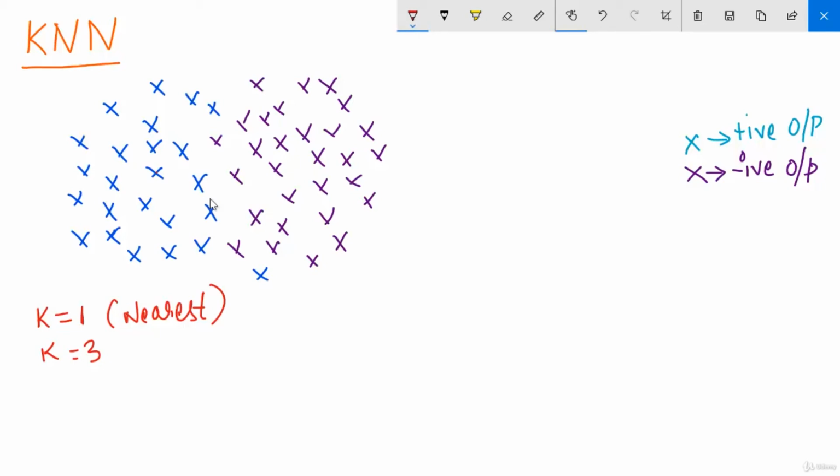And now let's say X is here, a new data point is here. Now which one is the nearest? It can be this, it can be this, it can be this. So here, if a new data point is in this situation, it will take the majority now.